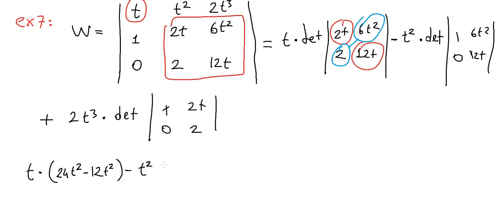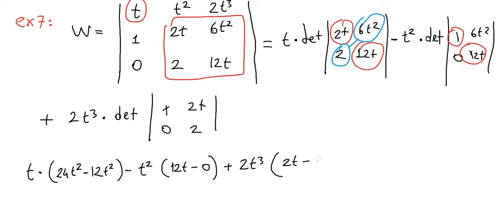Minus t squared times the determinant of this matrix: 1 times 12t is 12t, 0 times that is 0, plus 2t cubed times t times 2 is 2t, minus 0 times 2t is 0.